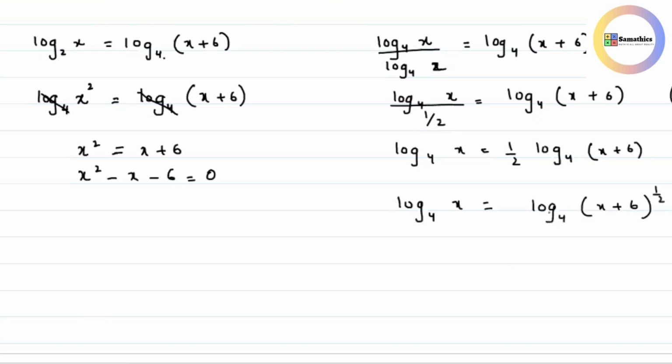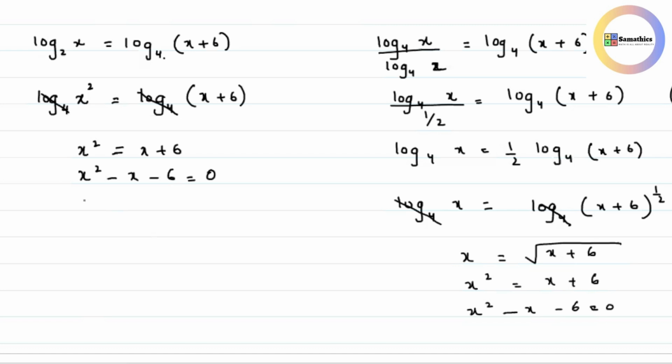Then log 4 and log 4 would be cancelled out. So you'll be left with x is equal to the square root of x plus 6. To remove this root sign, you will take the square on this side. So you'll get the same equation, x squared minus x minus 6 is equal to 0.